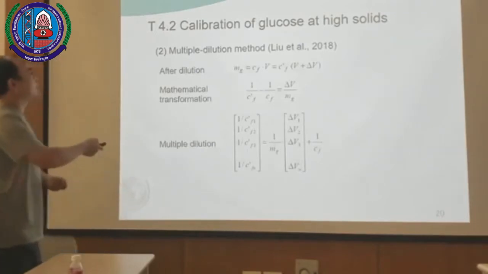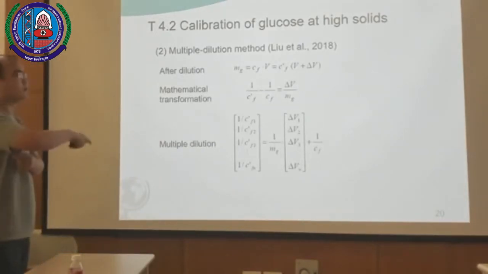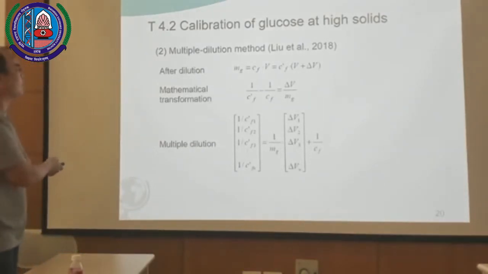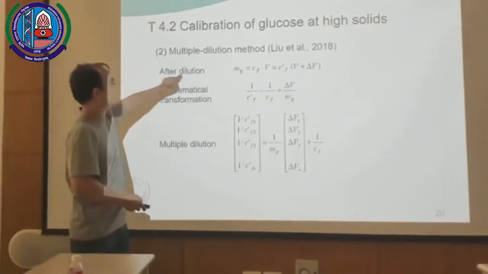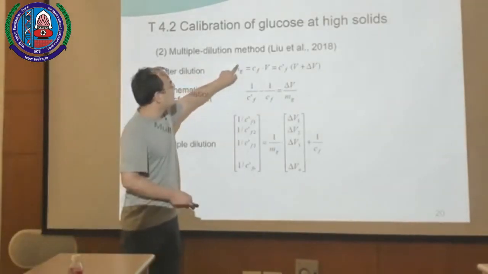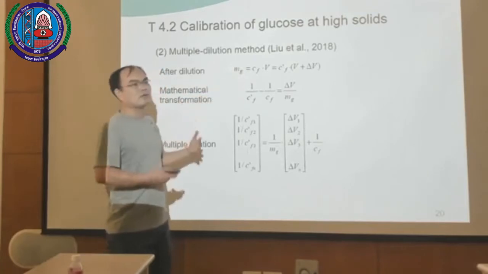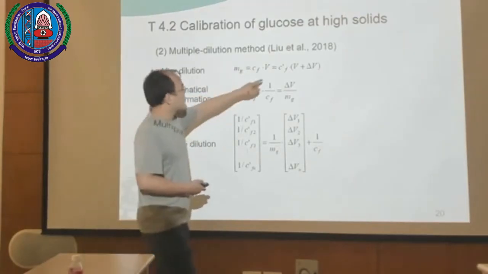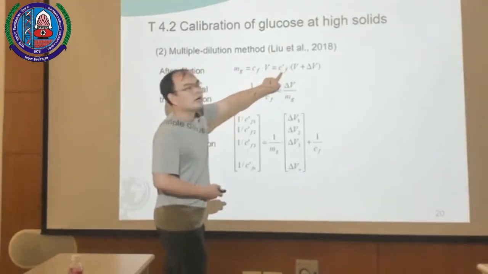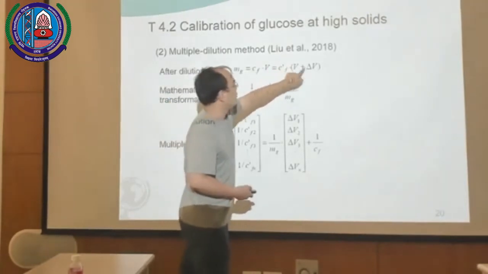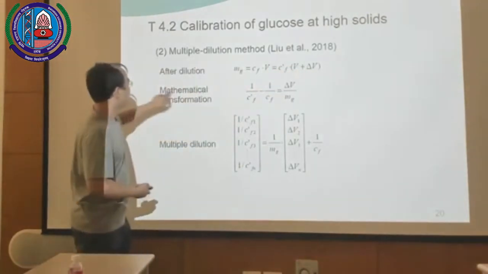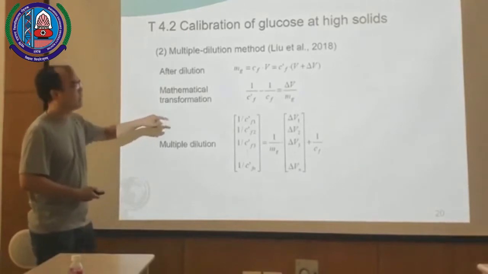Then I developed a calculation method from this. First, after dilution, the total mass of glucose does not change, but the concentration of glucose changes and the volume changes. After the mathematical transformation, I get this.